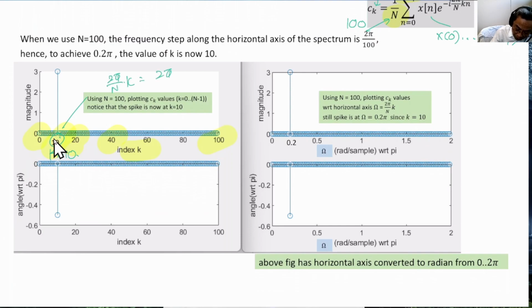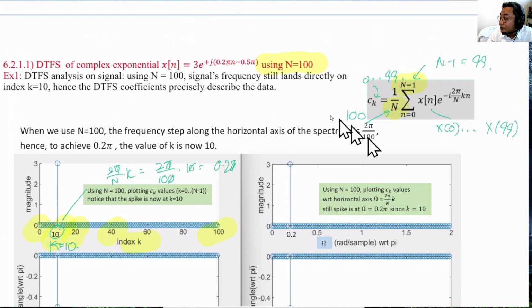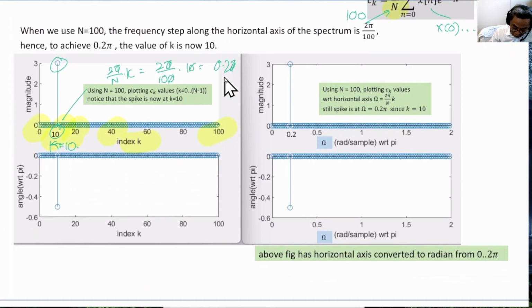So this is 2 pi divided by 100 times 10, which is still 0.2 pi, exactly this 0.2 pi again. The amplitude is still 3 and the phase is still minus 0.5 pi. All right, so this is the figure.